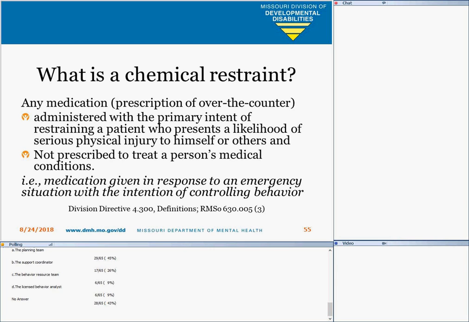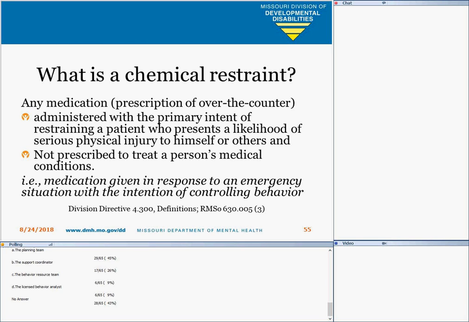As my favorite definition, and there's always extensive discussion about whether this is or is not a chemical restraint, what I'm going to tell you is to look at the letter of the law here, look at the letter of the definition, and not what you think is right or wrong, or whether you think it's a restraint or not. Follow the definition, and that should help you in determining whether something is a chemical restraint.